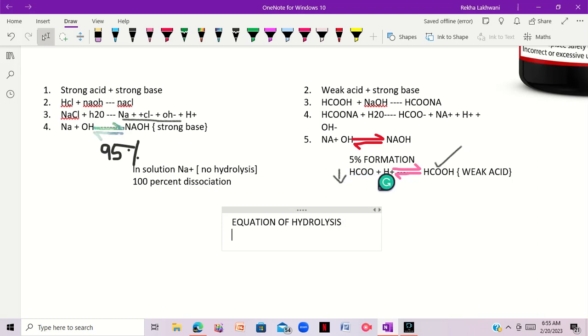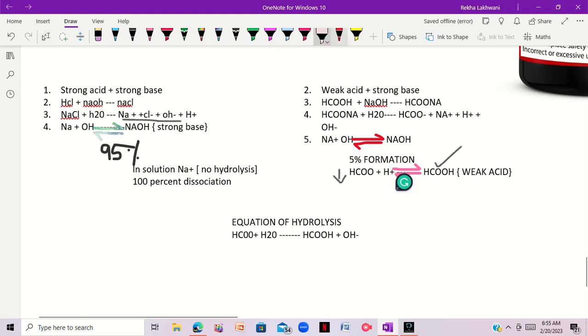It will be HCOO combined with water, and it forms HCOOH plus OH, right? So as you can see, this is the equation of hydrolysis.